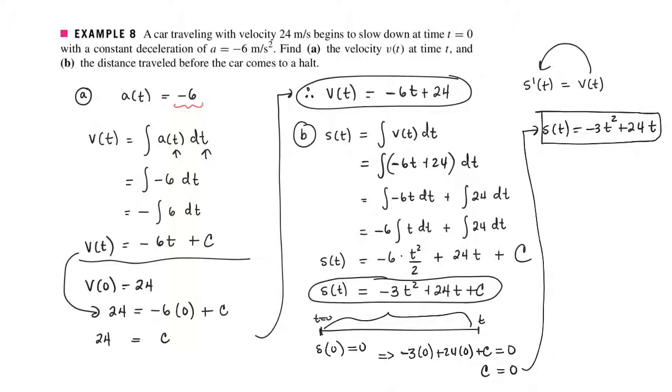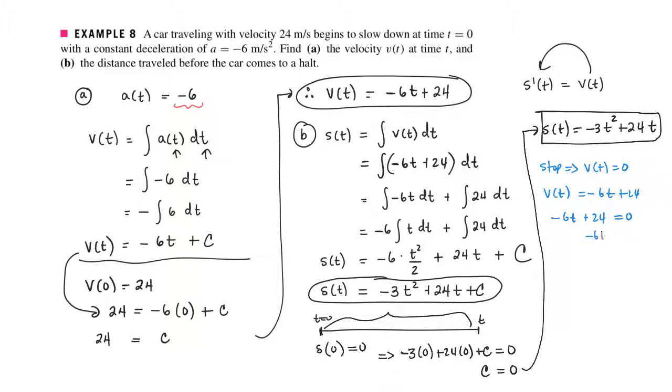And this is the one that we're going to use. When the car comes to a stop, that means that the velocity is equal to 0. So that's how we're going to find that time. We're going to go back to velocity. If you remember, v of t is equal to negative 6t plus 24. We're going to set negative 6t plus 24 equal to 0, and solve for t.